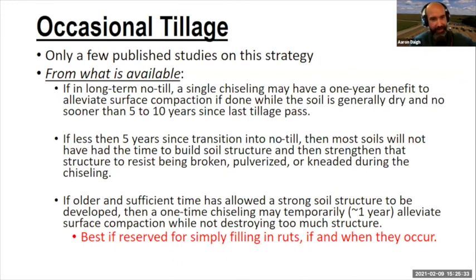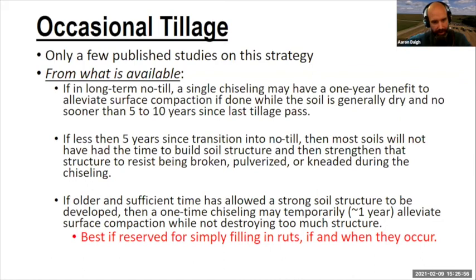If you're less than 5 years, so you're in this transitional period, transitional no-till, transitional reduced tillage, then you've likely not had time to build up the soil structure and let that structure strengthen. So when that chisel or those shanks go through, you're pulverizing or kneading up the structure and destroying it.